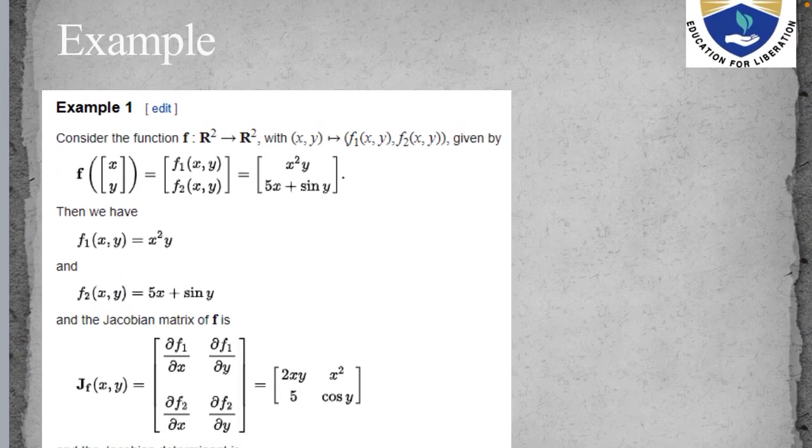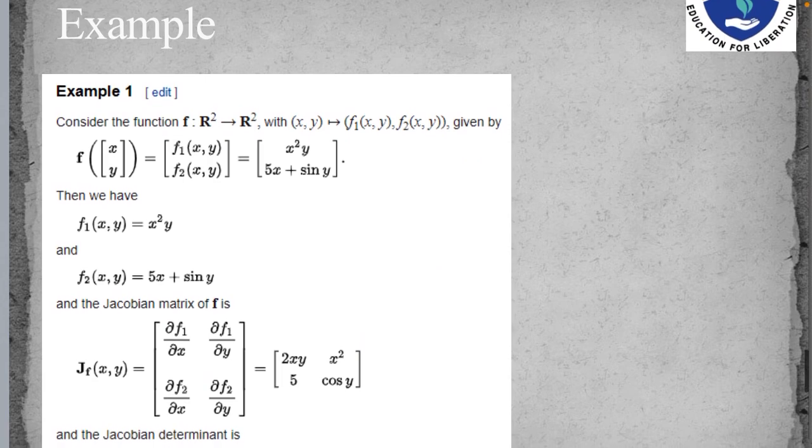Example: consider a function f from R^2 to R^2 given by f of (x, y) equals (f1(x, y), f2(x, y)), that is equal to (x^2 y, 5x + sin y).